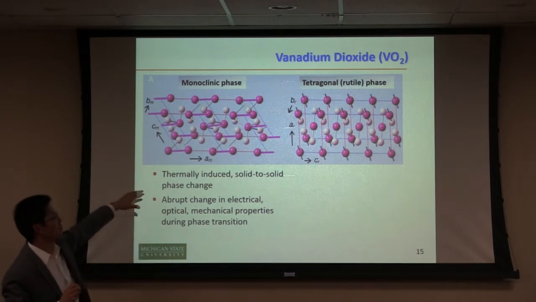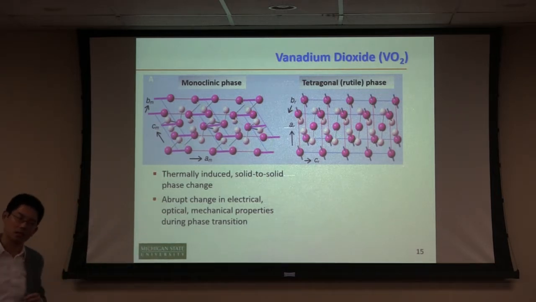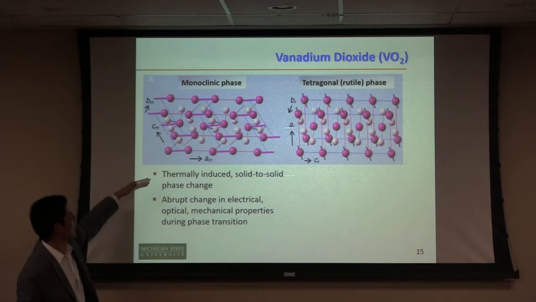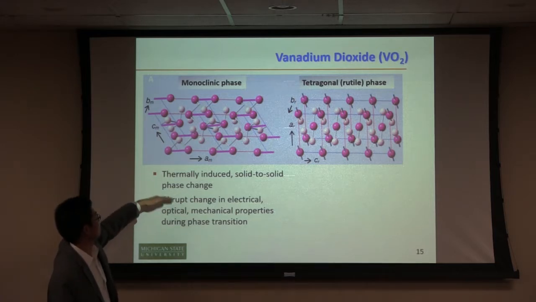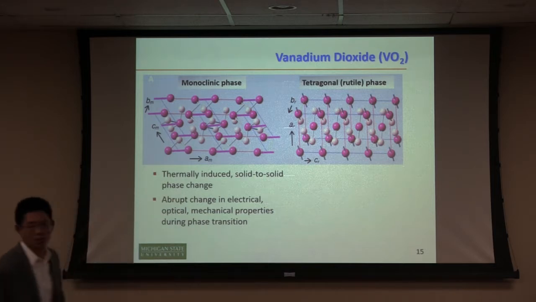And this is typically done by changing the temperature, as just mentioned. It could be laser, like opto-thermal method, by shining laser on this, or applying current to the material or to some heating elements. And you will see abrupt changes in electrical, optical, and mechanical properties, as I will show you in a couple of slides, during this transition.